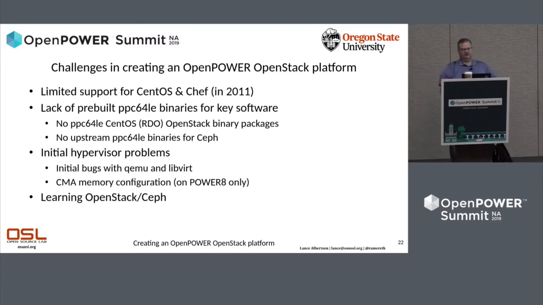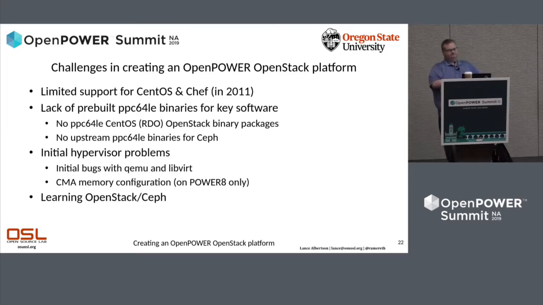And then a lot of the binaries that we use, especially the OpenStack binaries from CentOS called RDO, didn't have PowerPC Little Endian. They still don't. The good news is most of them are just Python packages, so it doesn't matter. But there's a few dependencies that are actually binary. And all we do is pull the source RPM from their repository, build it on PowerPC, and then put it in our own repository and configure the node to use that.